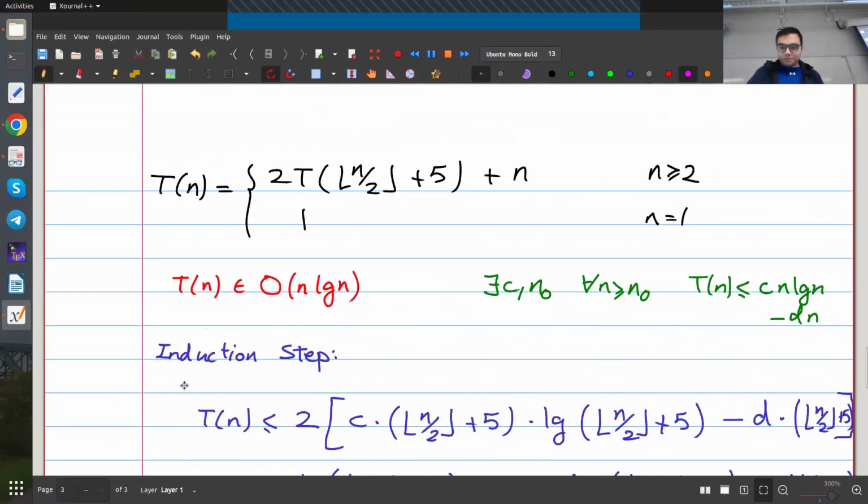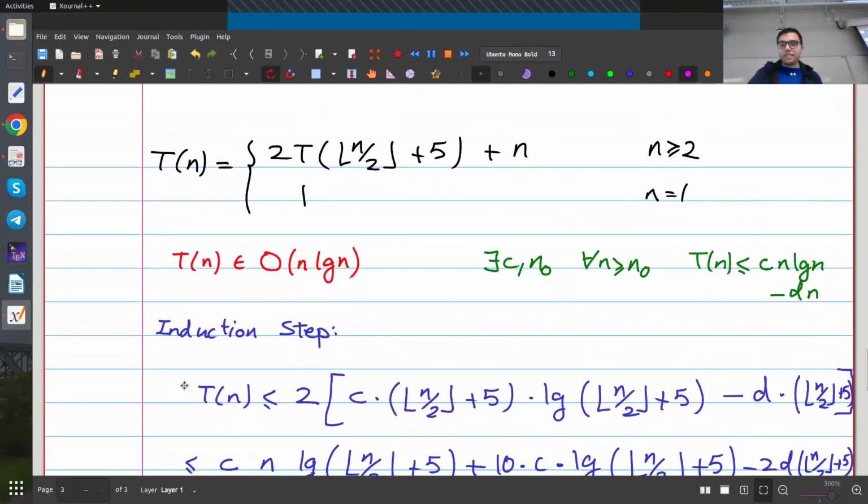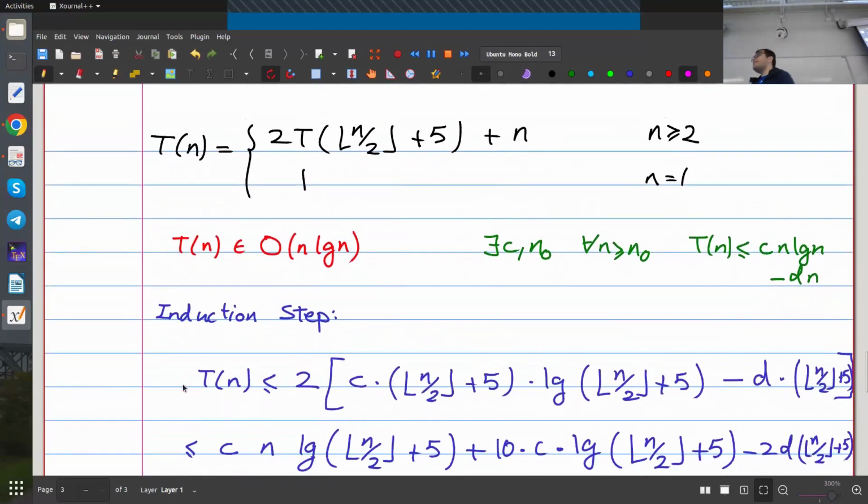So for the base cases, you can just try it. Or alternatively, you can just make this C so large that you're sure your base cases hold. Because your base cases are a finite number of things, right?